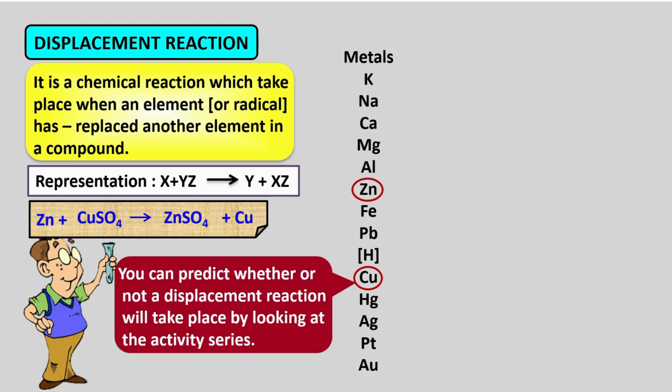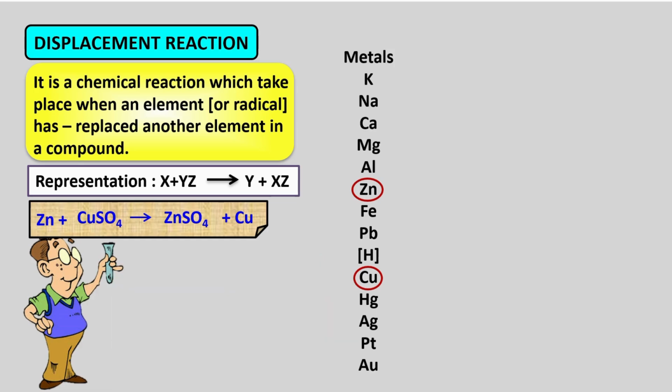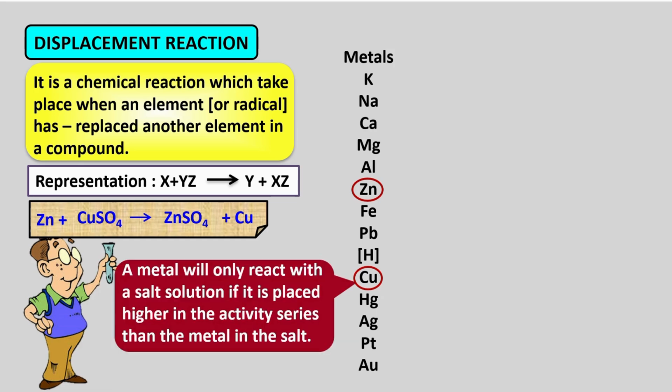You can predict whether or not a displacement reaction will take place by looking at the activity series. A metal will only react with a salt solution if it is placed higher in the activity series than the metal in the salt.